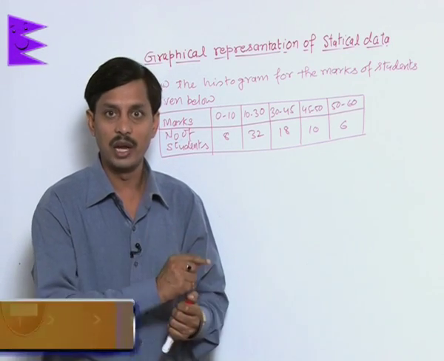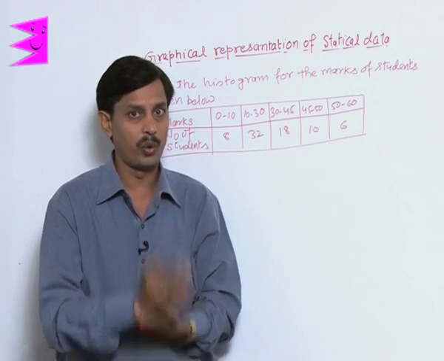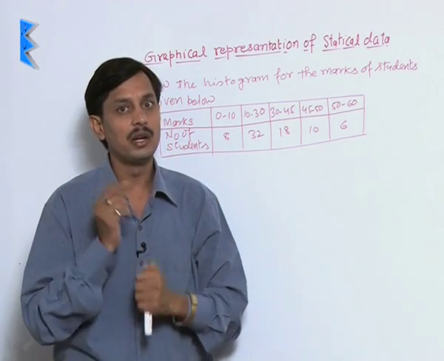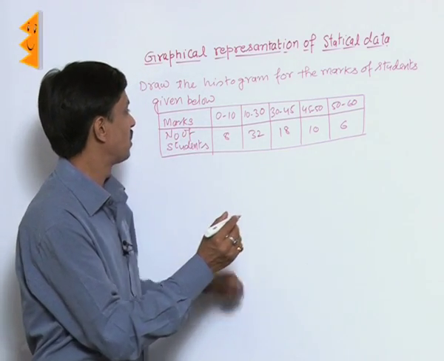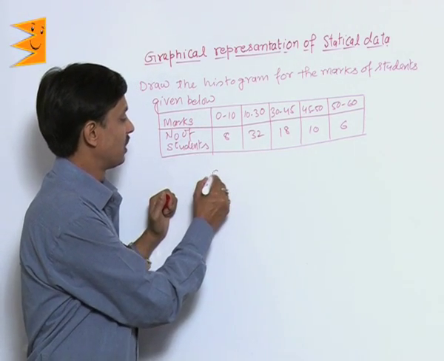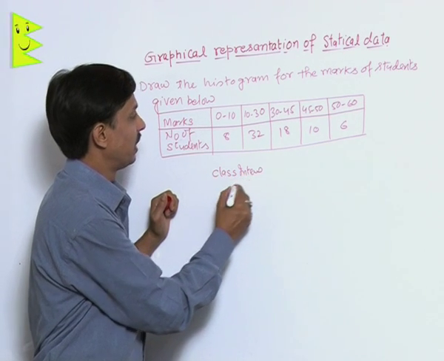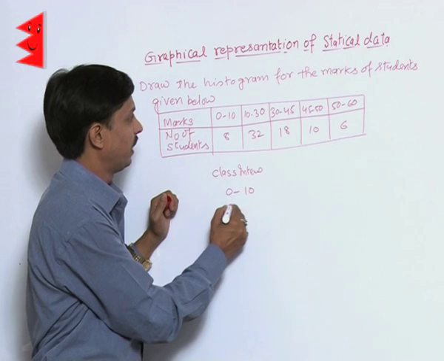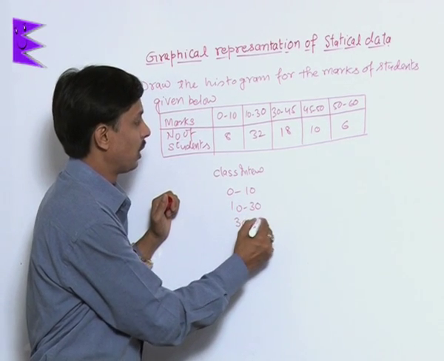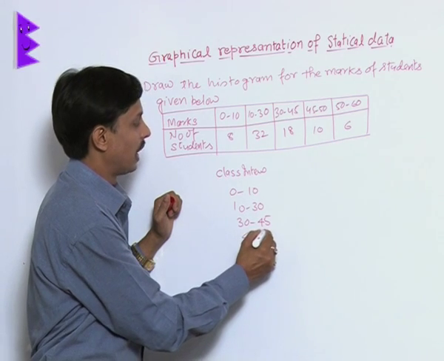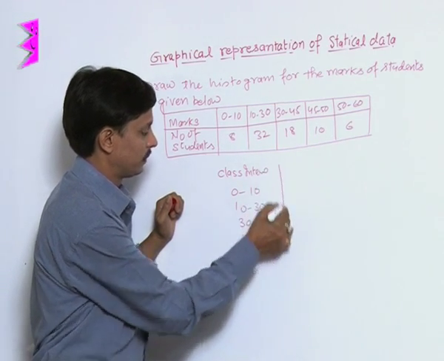I want to tell you how to calculate the height of the bars when uneven intervals are given. First we will write the class intervals without disturbing them. The class intervals are 0 to 10, 10 to 30, 30 to 45, 45 to 50 and 50 to 60.